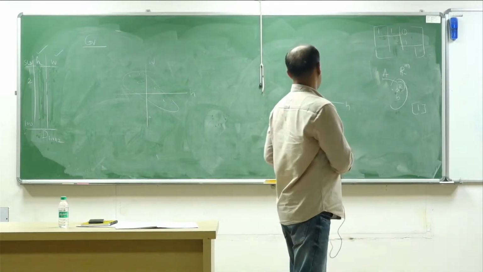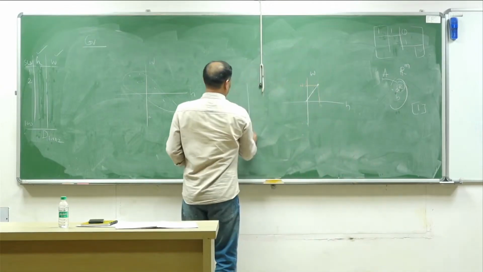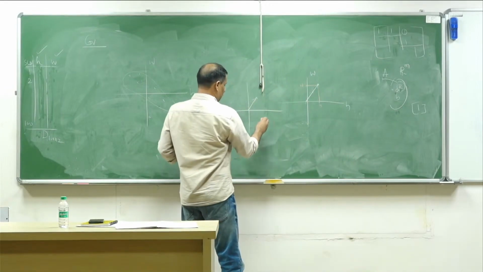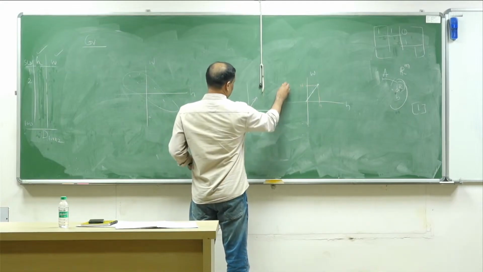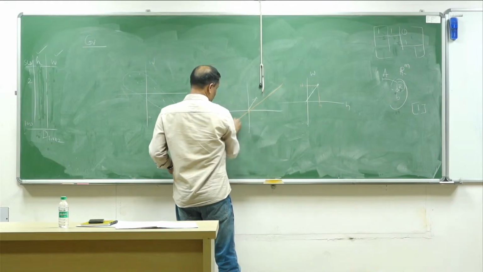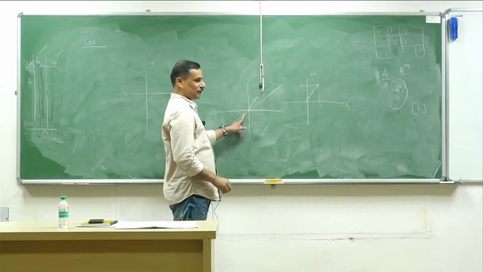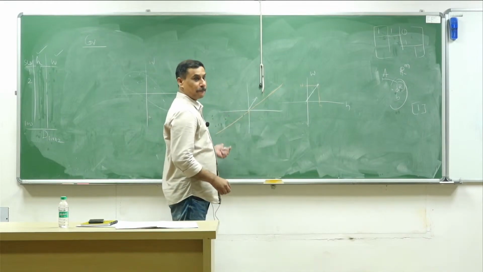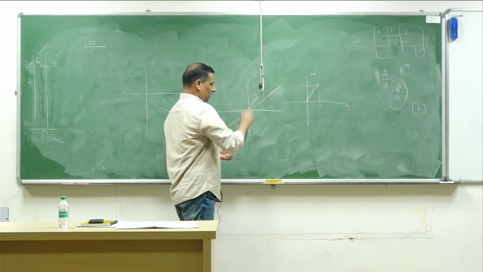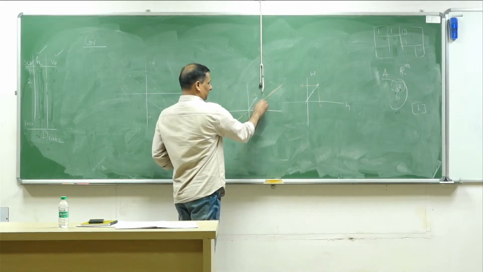Same principle I use. Now what I do is, this is my original, and I want to project this onto something like this line. I'll give you one extra line. This is a subspace also because it passes through the origin. I want to project this vector, A vector, onto this line.